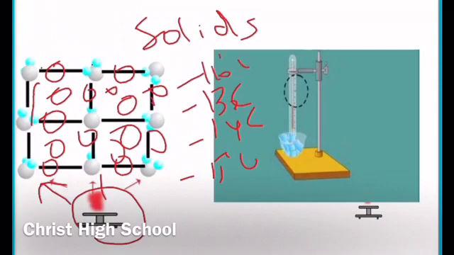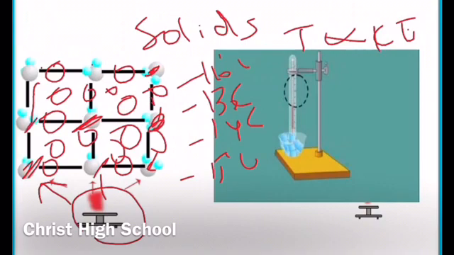As the temperature increases, what happens? The kinetic energy increases, because temperature is directly proportional to the kinetic energy of the particles. If the kinetic energy increases, there is more movement, more vibration. The speed of the vibration of the particles increases.